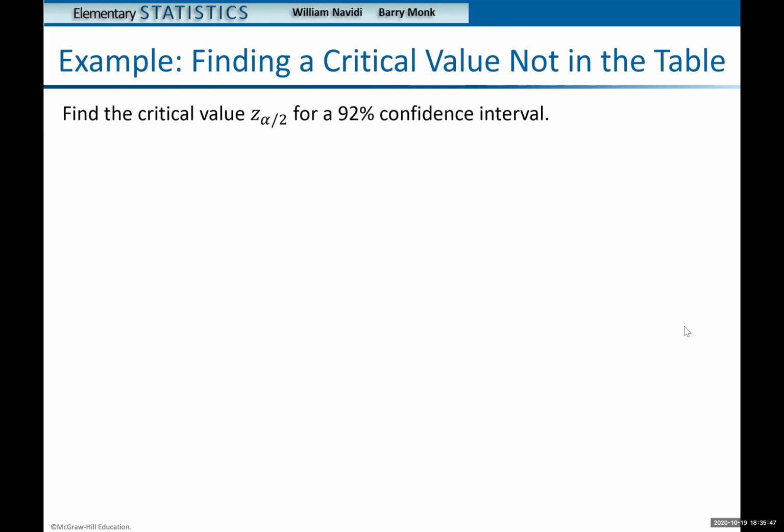Let's have an example. 92% is not on the table, right? So what we did earlier is 1 minus 0.92, which is equal to 0.08.